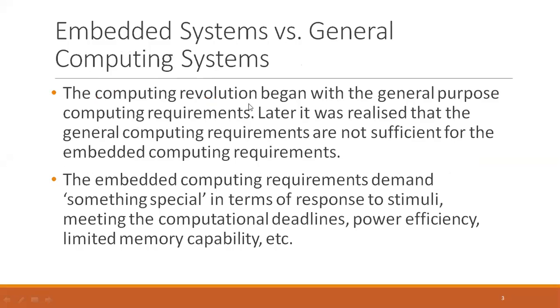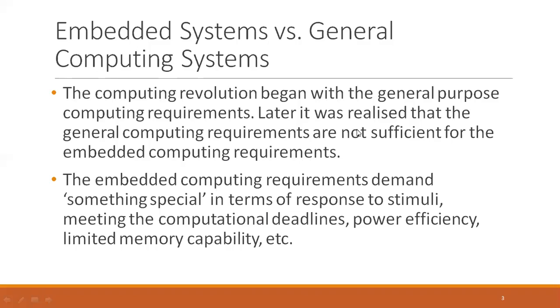What is the difference between an embedded system and a general computing system, right? The computing revolution began with the requirement for general purpose computing environments. Later it was realized that general computing requirements are not sufficient for embedded computing requirements, right? So you cannot put all the general purpose requirements into an embedded system.